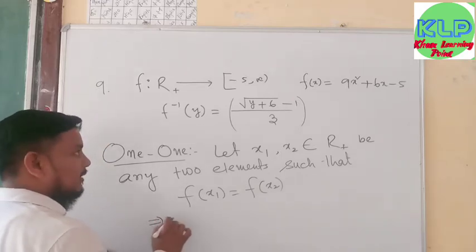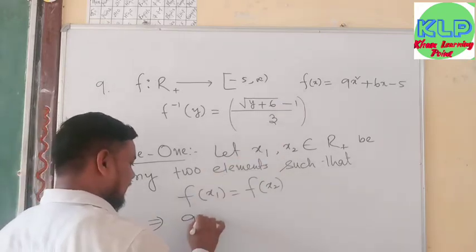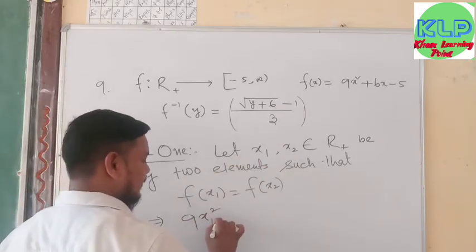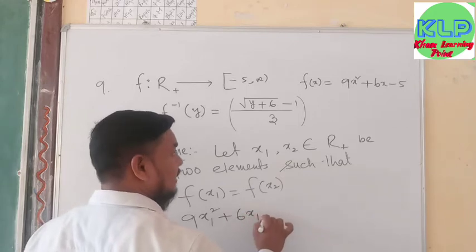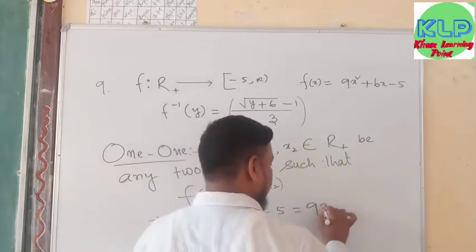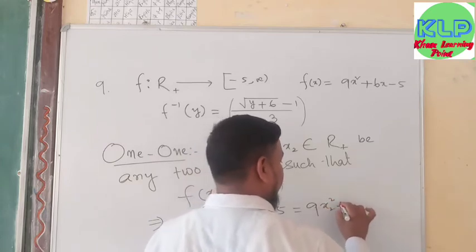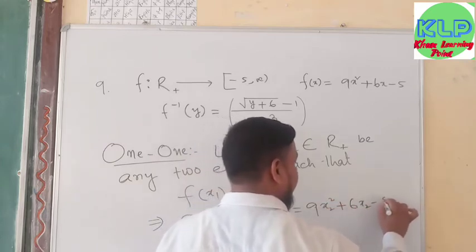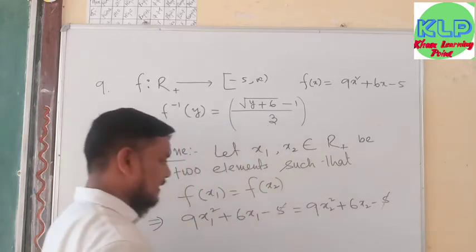तो f of x1 का वैल्यू क्या होता है 9x1 स्क्वायर प्लस 6x1 माइनस 5 इज इक्वल टू 9x2 स्क्वायर plus 6x2 minus 5. This minus 5 and minus 5 is cancelled.